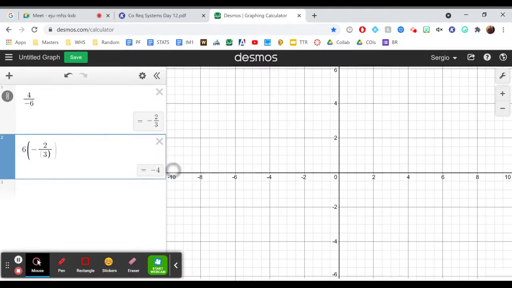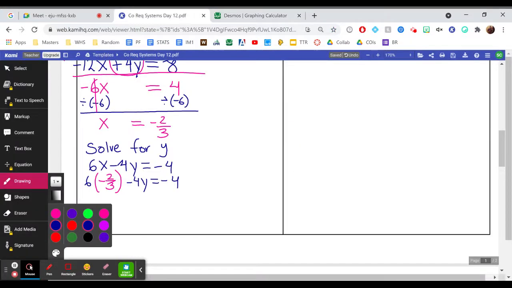That gives me negative 4. So I put negative 4 minus 4y is equal to negative 4.